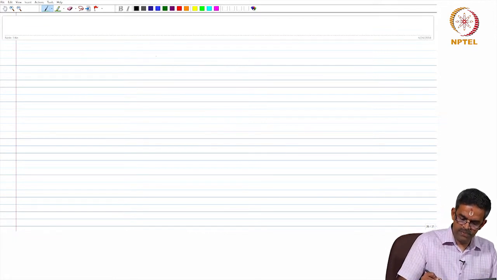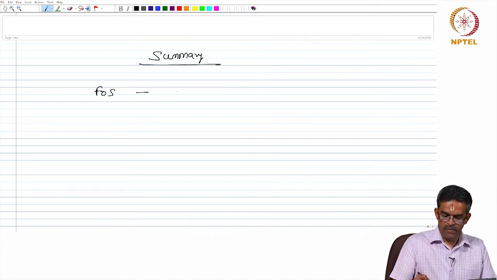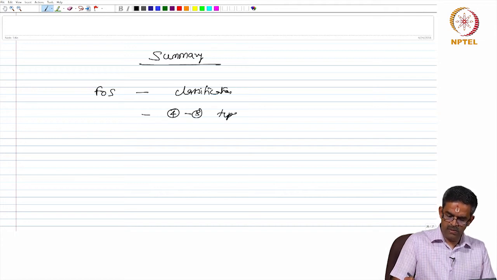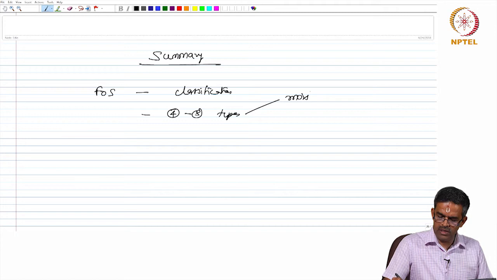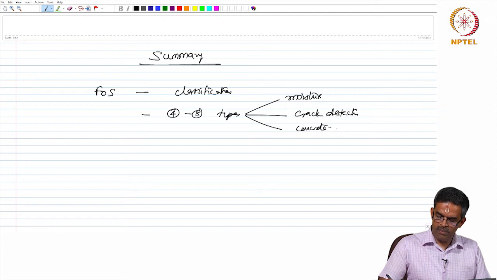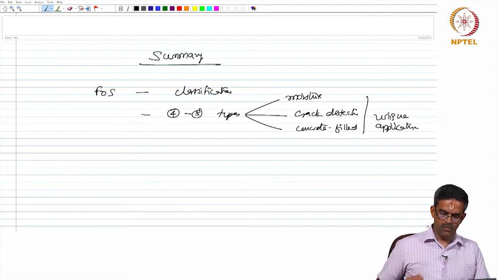So, friends, in this lecture we spoke about fiber optic sensors, their classification, about 4 to 5 types of these sensors used for moisture ingression, used for crack detection, used also in case of concrete filled pipelines, which are all of unique applications and very useful.